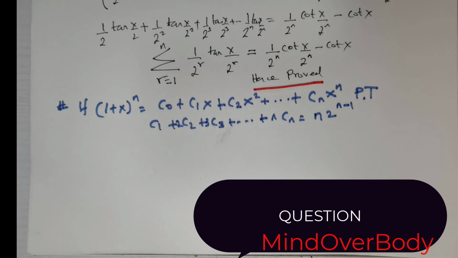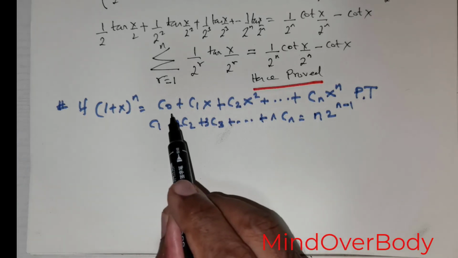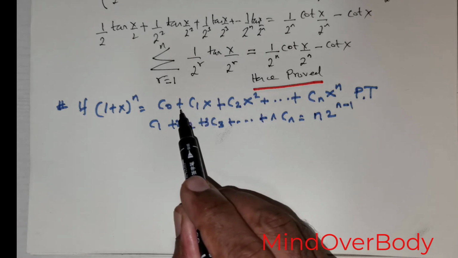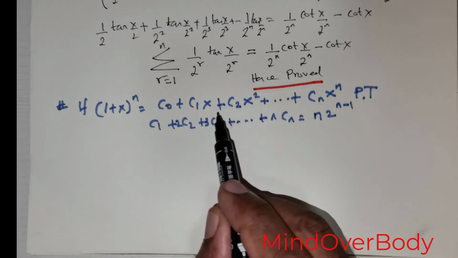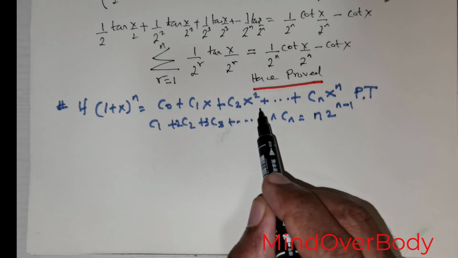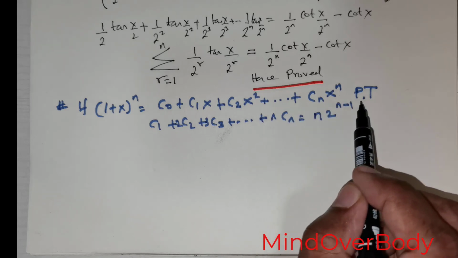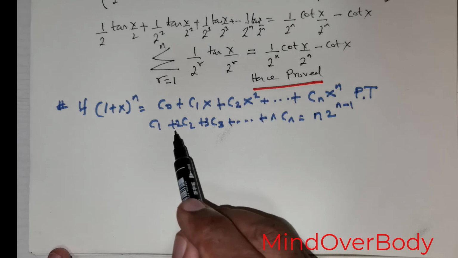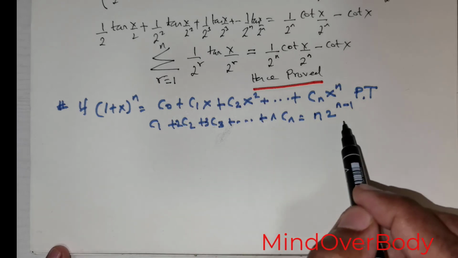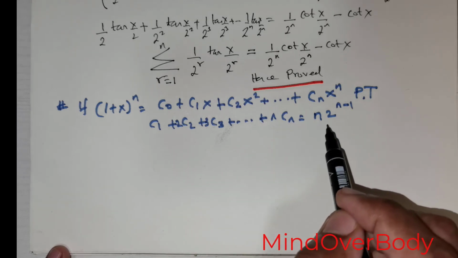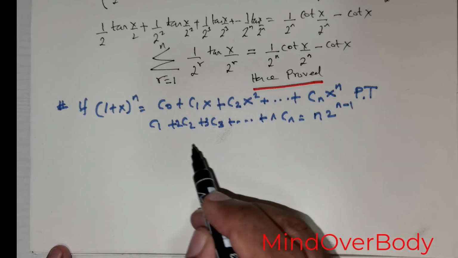Students, we are given this question: if 1 positive x raised to the power of n is equal to c0 positive c1x positive c2x squared and goes on up unto cn x raised to the power of n, we are expected to show that c1, this expansion, is equal to n times 2 raised to the power of n minus 1.